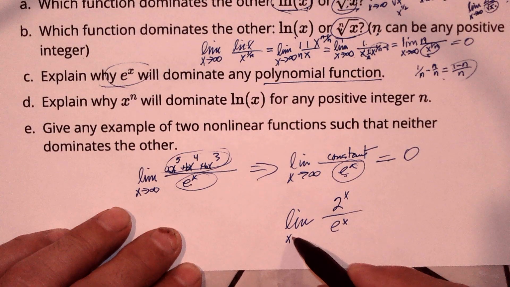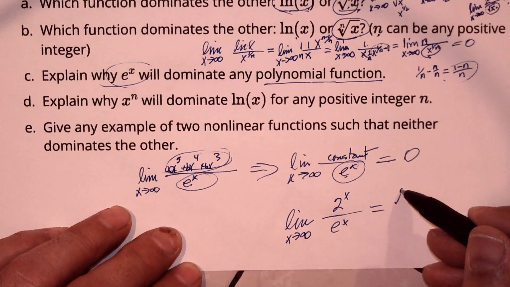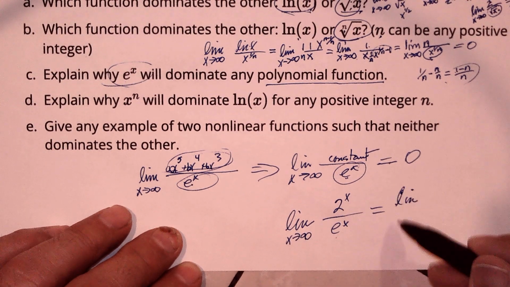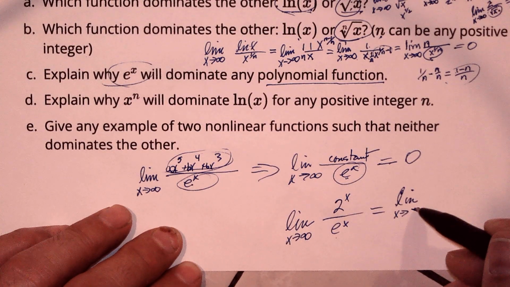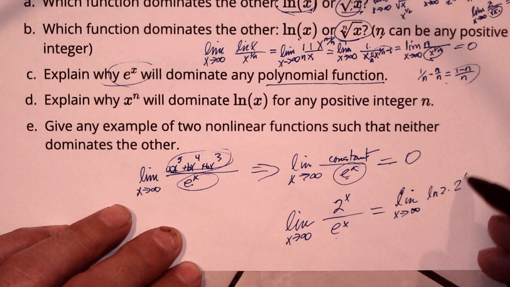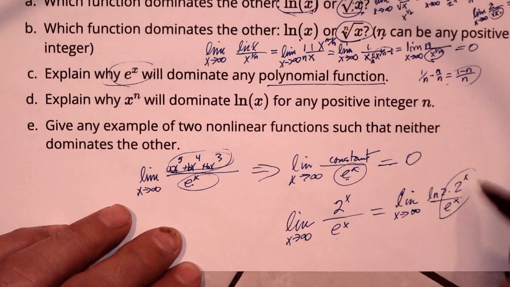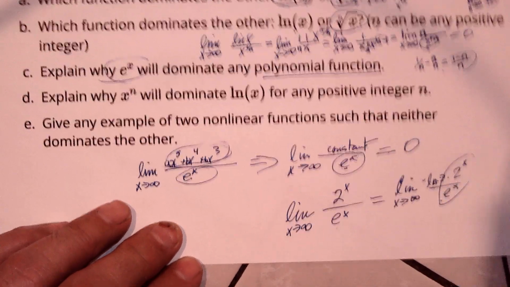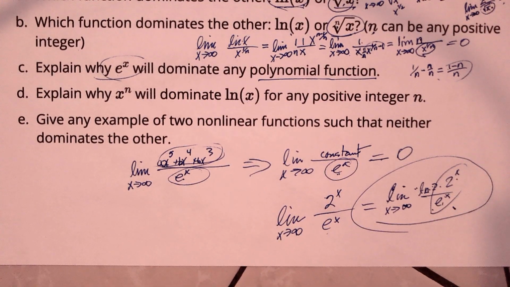As x goes to infinity, this is going to go to infinity, that's going to go to infinity. So we can do L'Hopital's rule, and this will be ln 2 times 2 to the x, and this would still be e to the x, and this will just keep happening. We'll get more ln 2s and ln 2s, and neither will dominate each other.